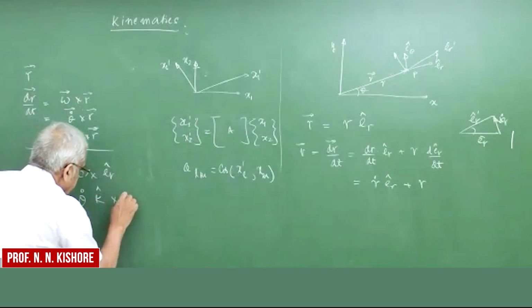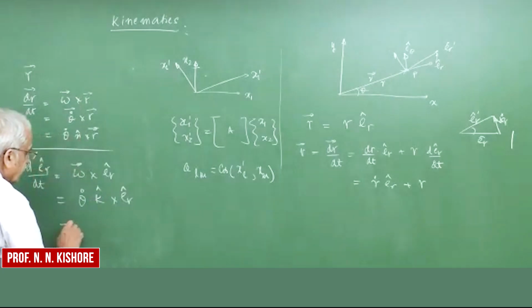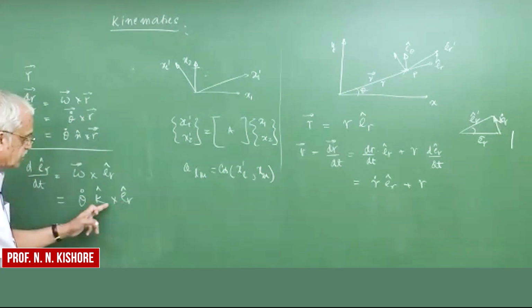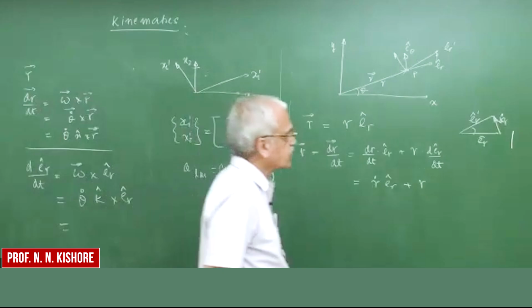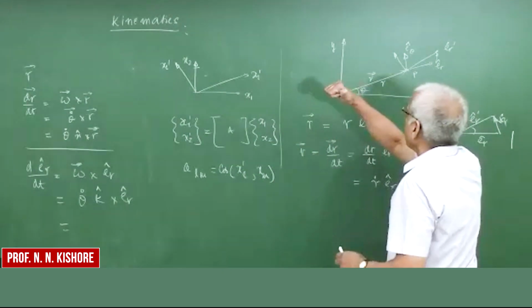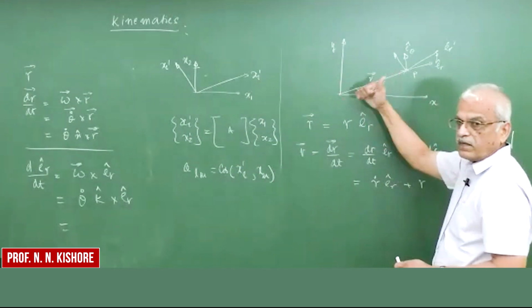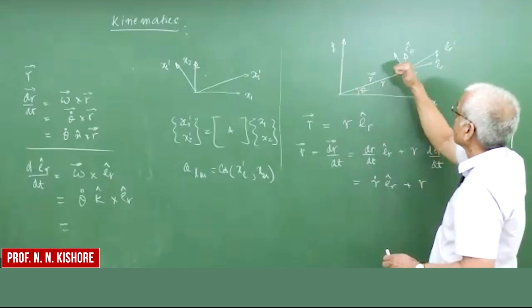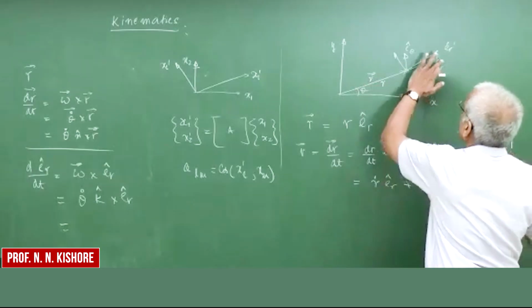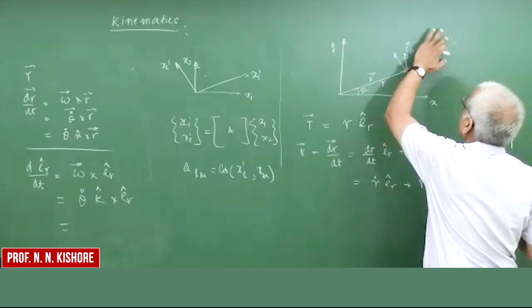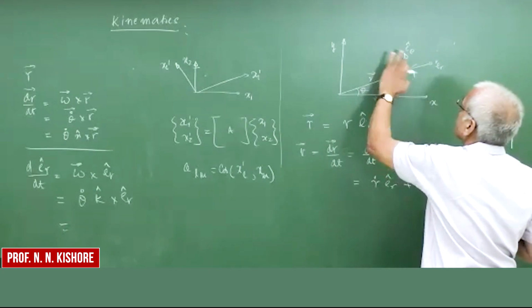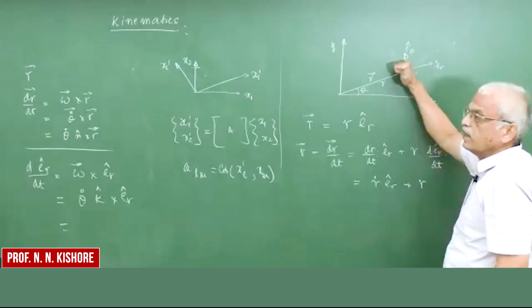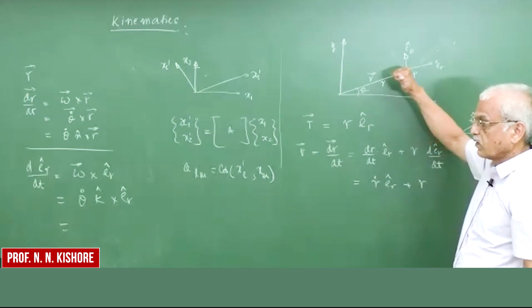and we have er. So these are two vectors: theta dot k cross er. We have a k here, and we have to take a cross product with er.